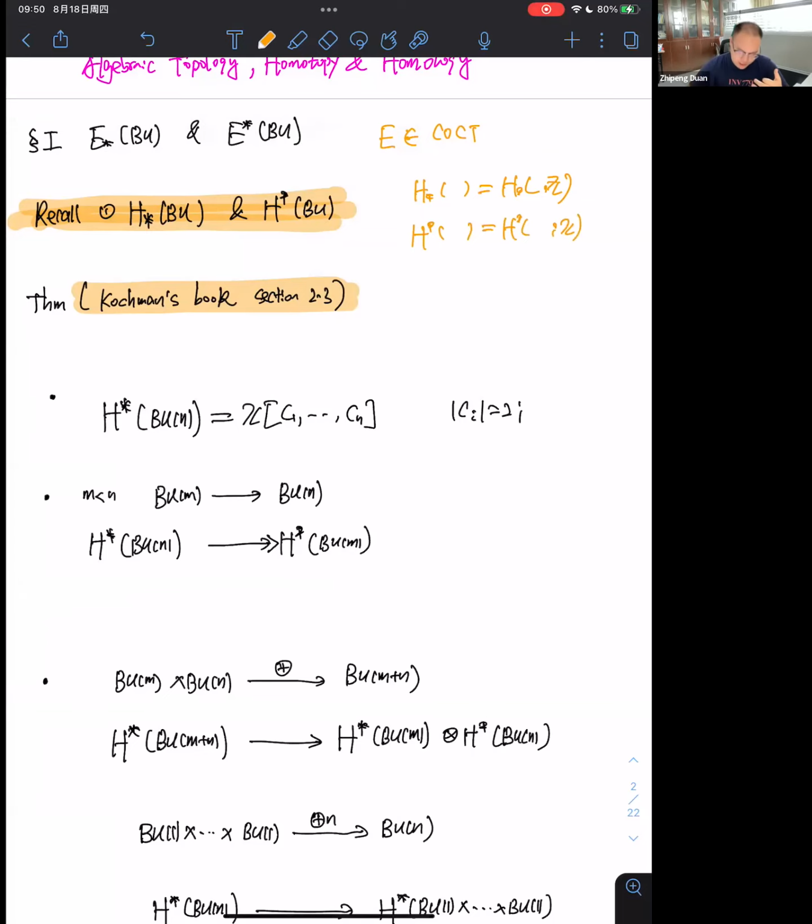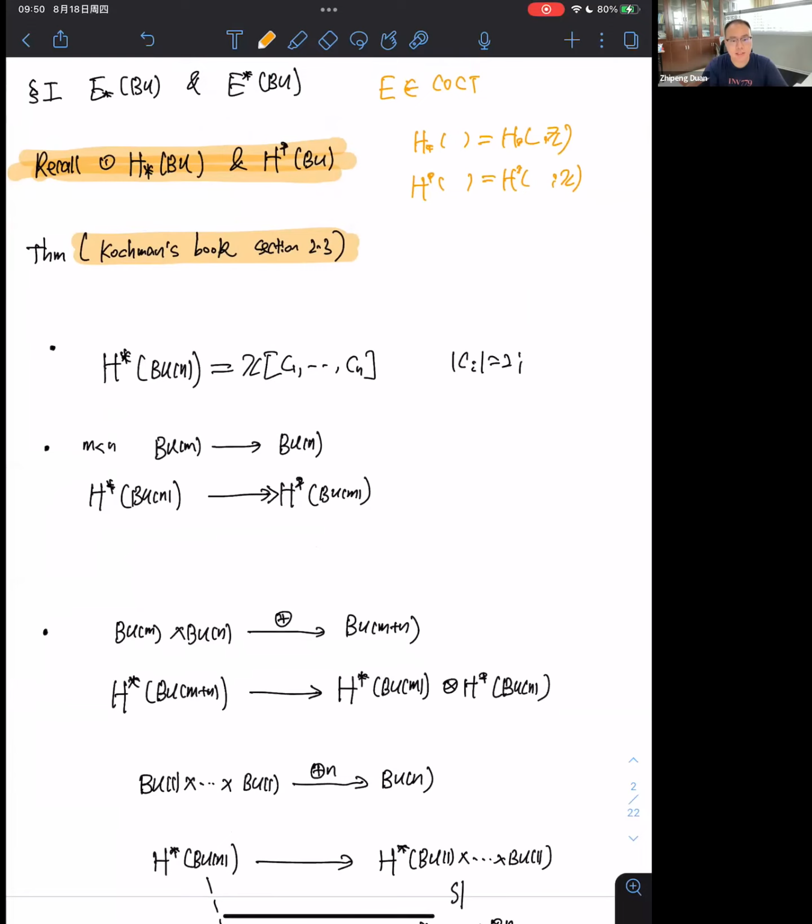In the following, I list several results relevant to the singular homology and co-homology of BU, which will be used later. All of these results you can find in Kochman's book in section 2.3, because I will just state the results and say a little about the ideas behind them. If you are interested in details, you can check Kochman's book.